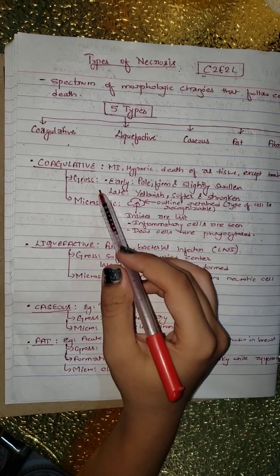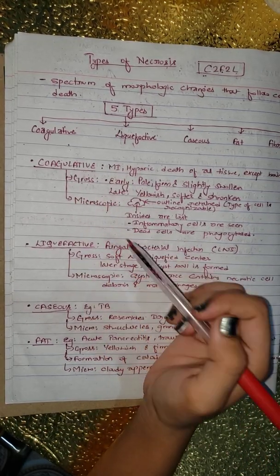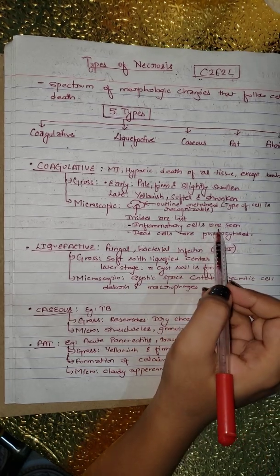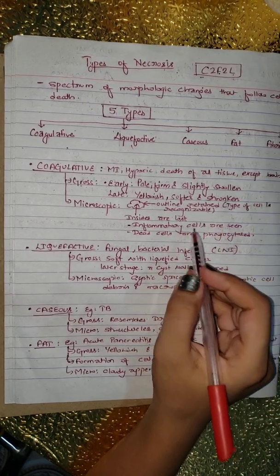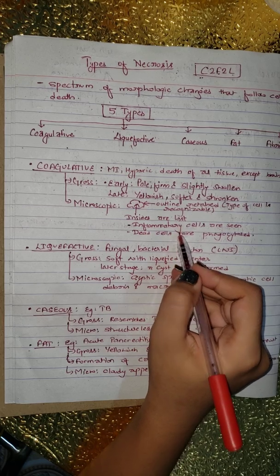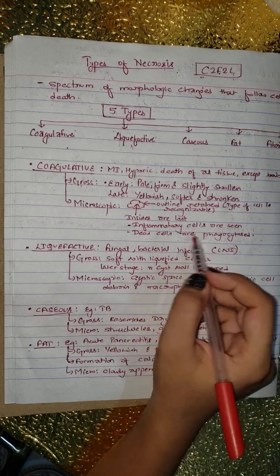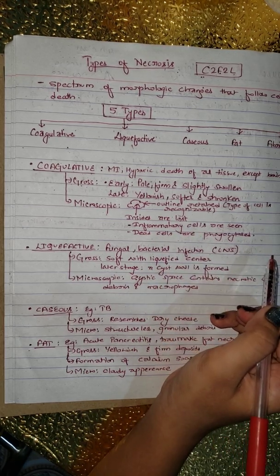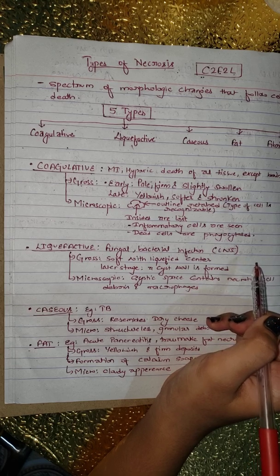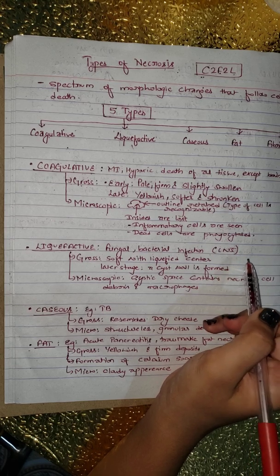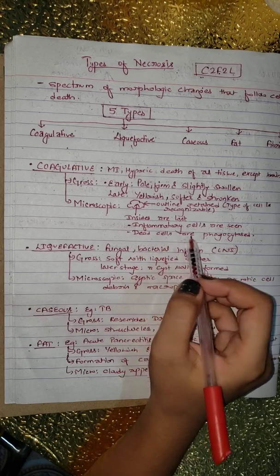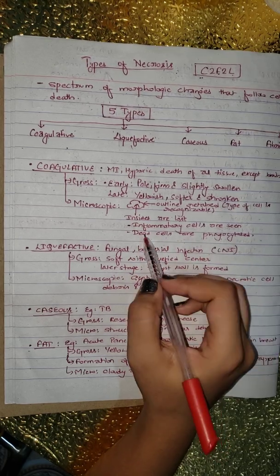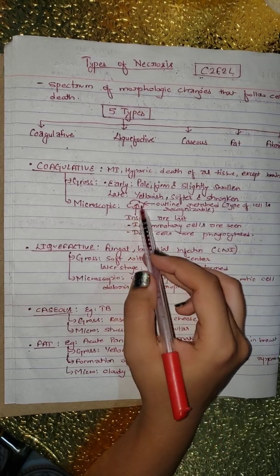And also obviously, if it is necrosis, we can see inflammatory cells. It is kind of a trick that you can easily write. Inflammatory cells are seen in every kind of necrosis. And also dead cells are phagocytosed, whatever the dead cell is.